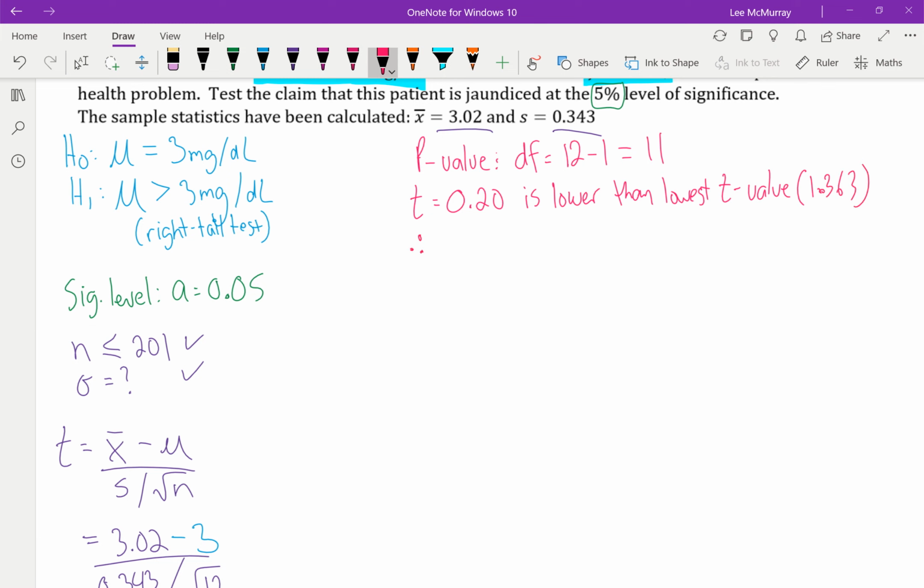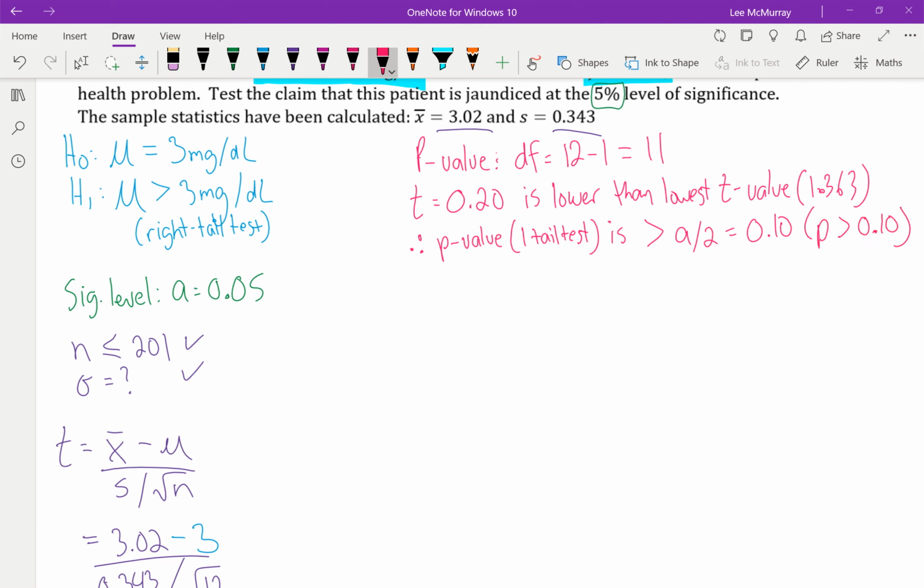Therefore, our p value, because it's a one tail test, and again, this is straight from the notes, is greater than alpha split in half, which is 0.10. So the p value is greater than 0.10.